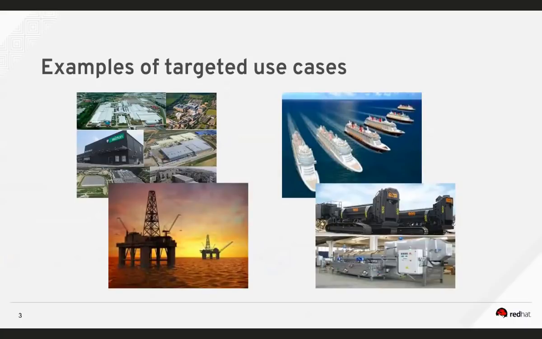And here in this slide, we try to summarize four typical cases where this type of use case we will demo today can be used. The first one is a typical industry situation, a manufacturer who has distributed plants all over the world and needs to connect these plants and deploy applications that have been developed centrally.